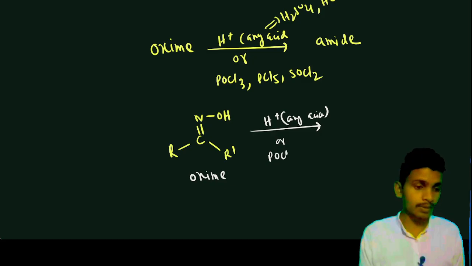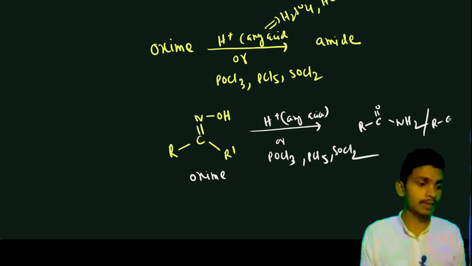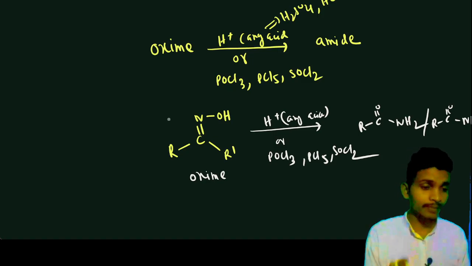This is given. Then we will get the amide group, that is RCONH2, or sometimes RCONHR. This type of group you will get. So this is known as the Beckmann rearrangement.